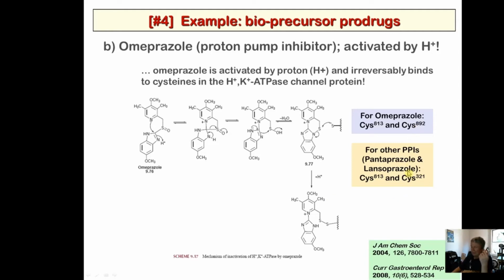So there are these extra concerns about which cysteines the drug is attached to, and how that affects the turnover and recycling of the channel protein.